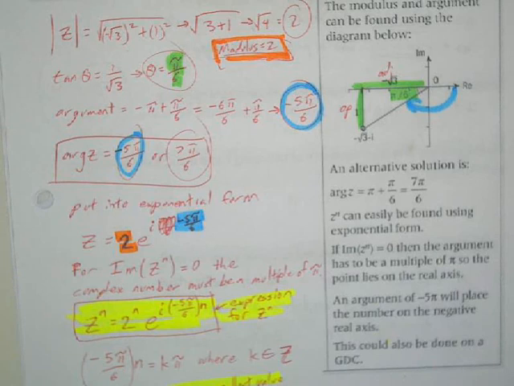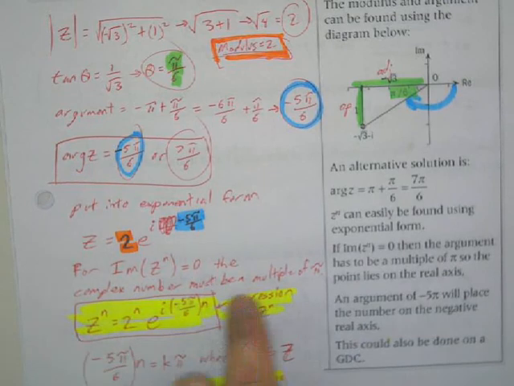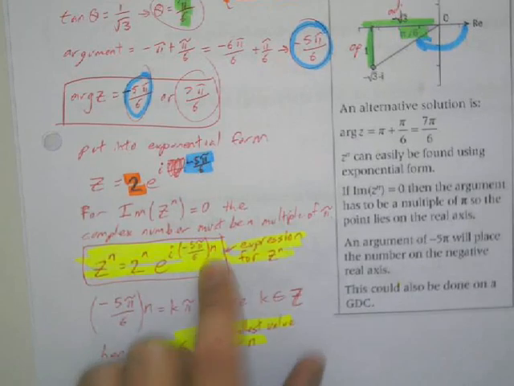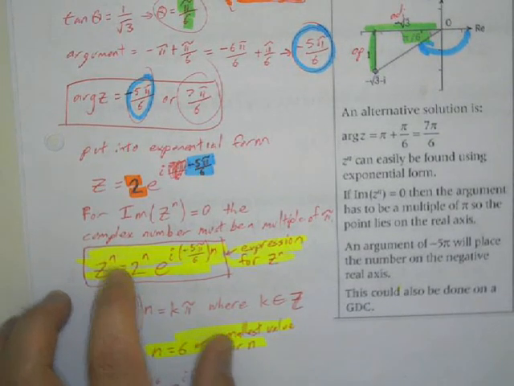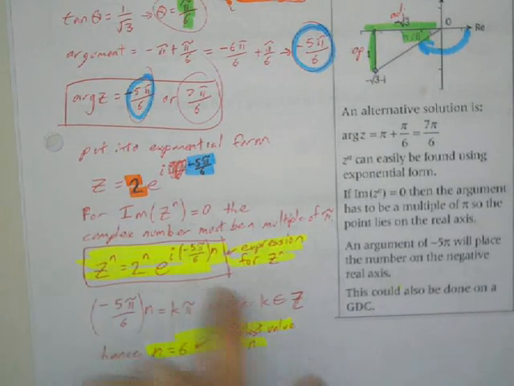So for the imaginary value of this to equal 0, what if we're going to put this to a particular power, and we want this to equal 0?